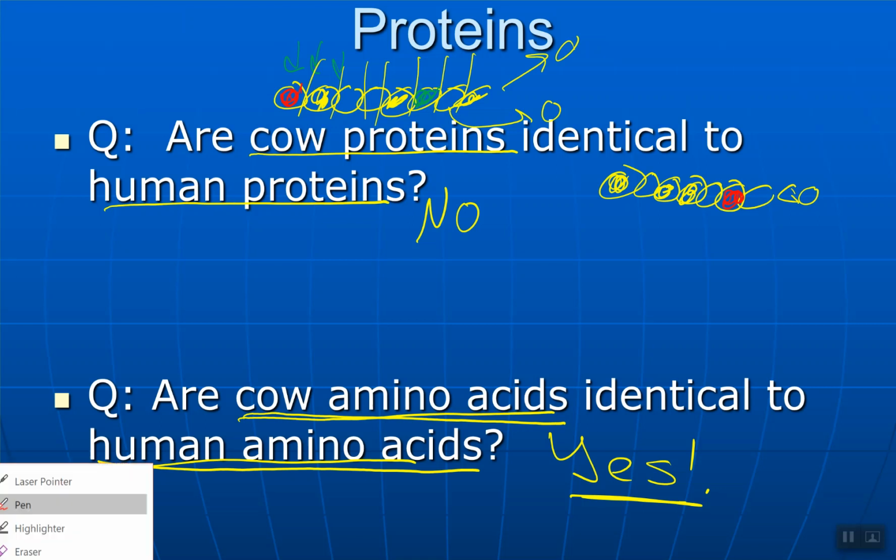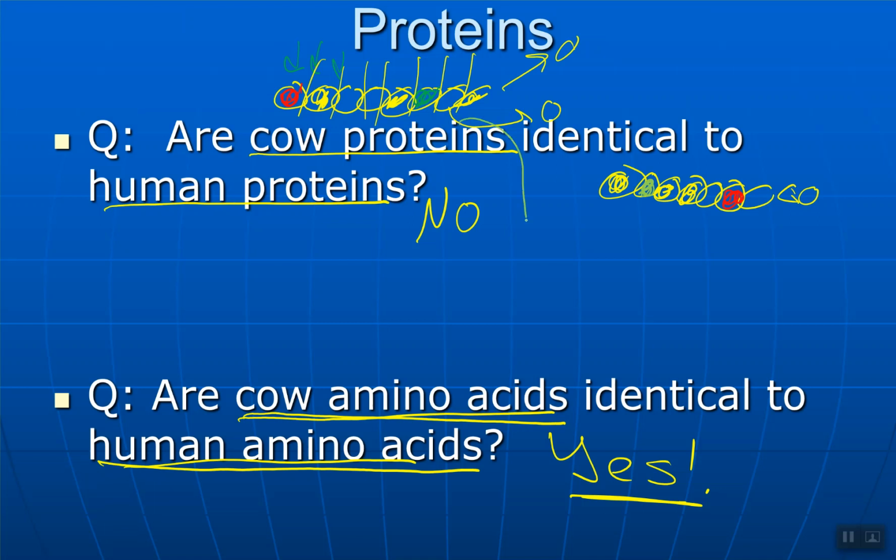So they're the same amino acids, they're just rearranged in a different order. So by rearranging the amino acids, he converted this cow protein into a human protein.